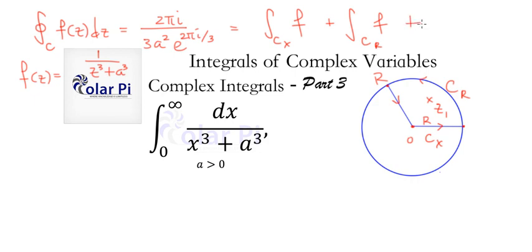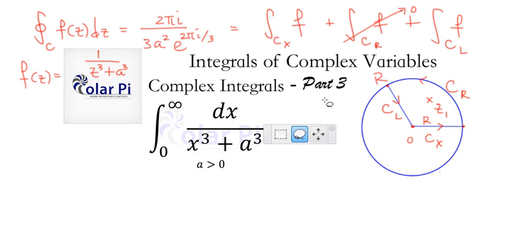And then plus the integral over, and let's say this last return coming back along that line is CL. Now by following the details of the video I link below, you can show very easily that the integral over CR of f is going to go to 0. The details of that proof are in the video I link below this, so check that out.